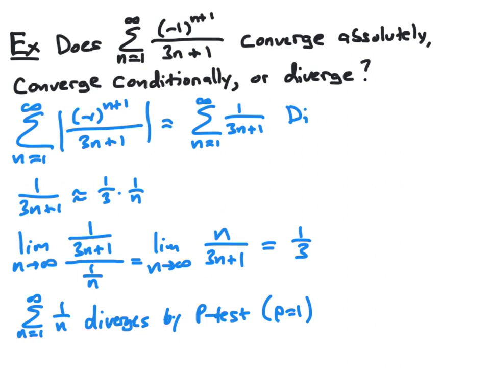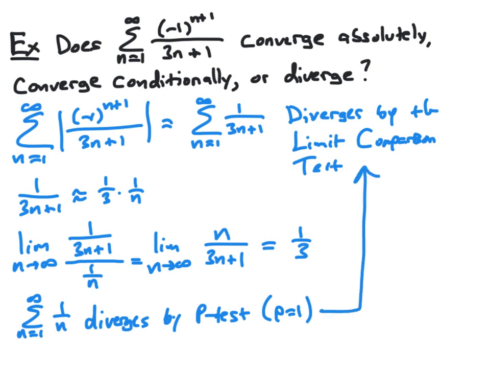So our series with term 1 over 3n plus 1 will diverge by the limit comparison test. And this was justified. Below, we computed this limit, getting 1/3, and therefore both series have the same behavior.